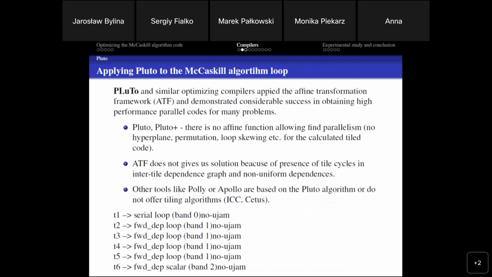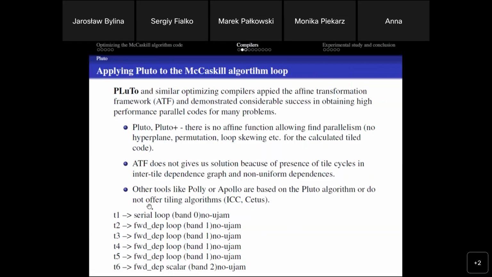Pluto is based on the affine transformation framework, and as I showed in the past, Pluto is able to extract good cache efficiency, but it cannot find parallelism in this program loop. And we proposed at the last CANA and other workshops that Traco can find parallelism.